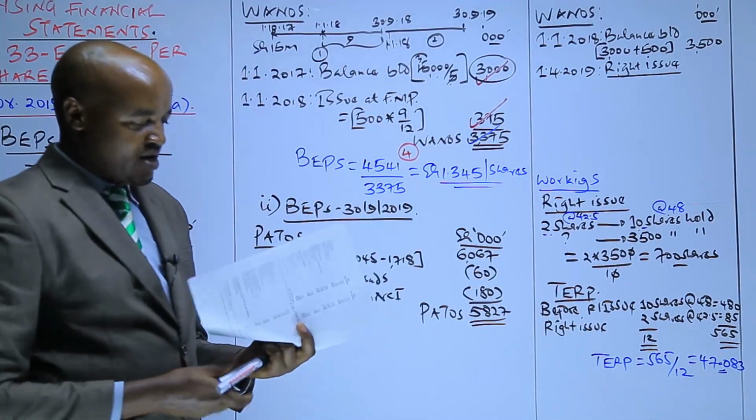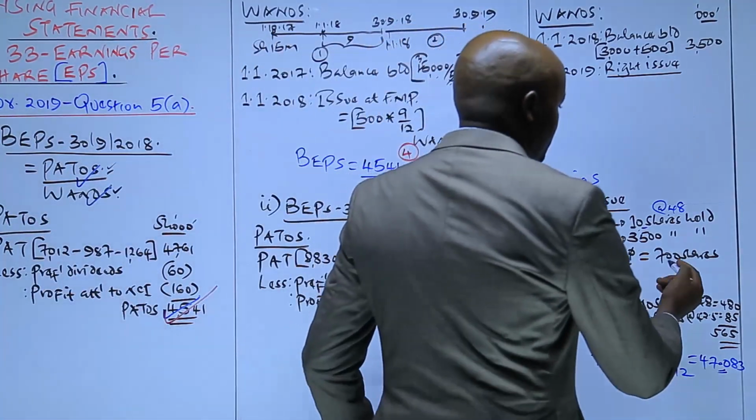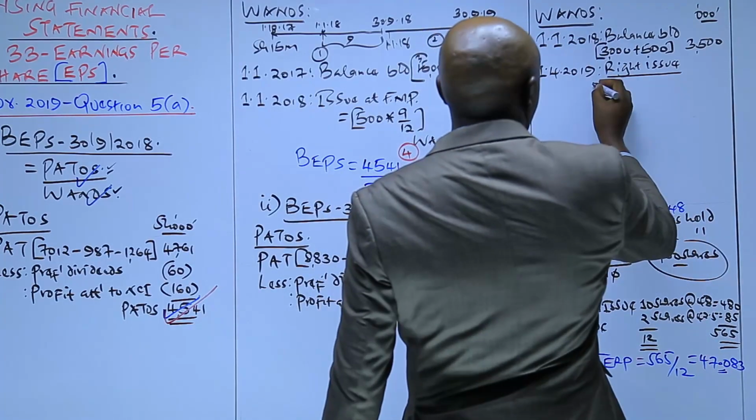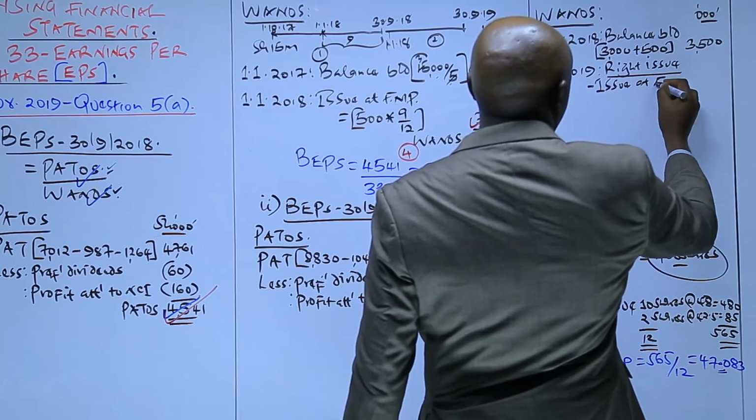Having that, we proceed and split the shares which were issued during the rights issue into 2 components. Number 1, we determine the shares issued at full market price.